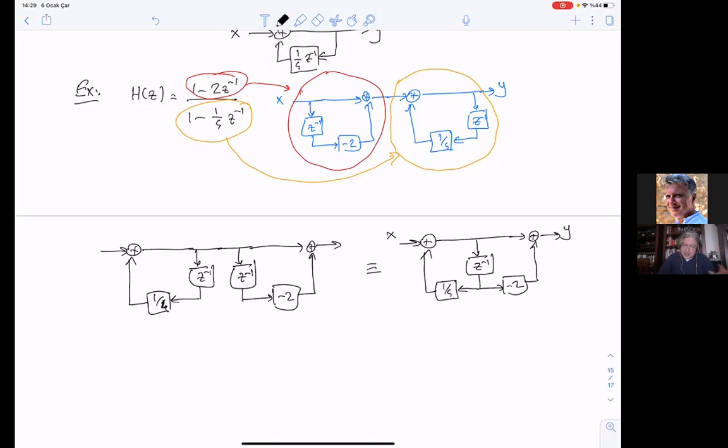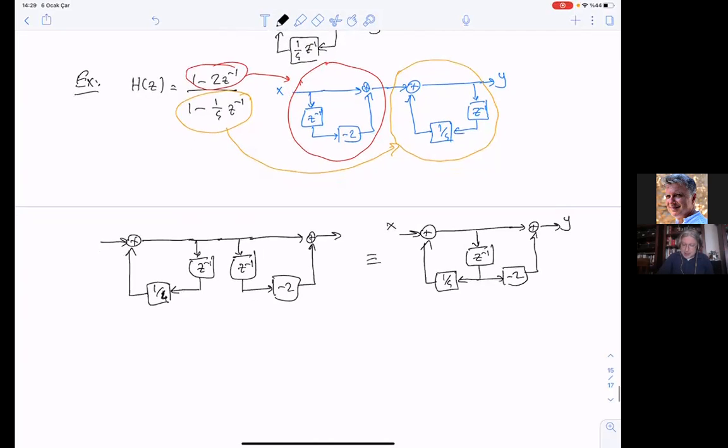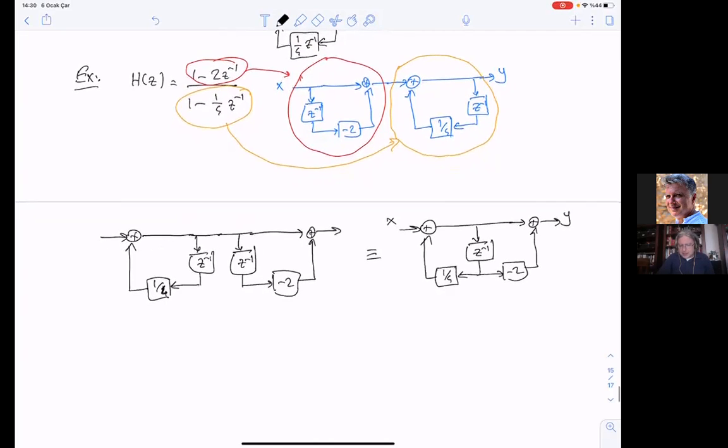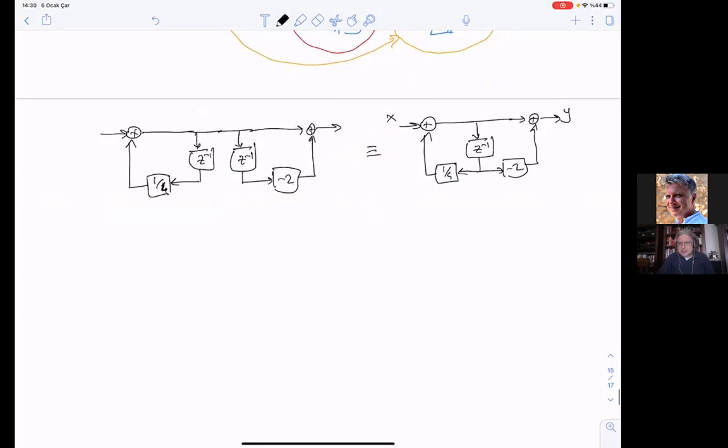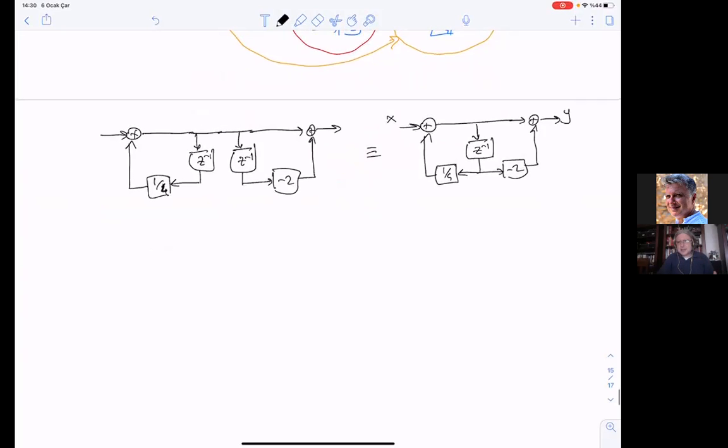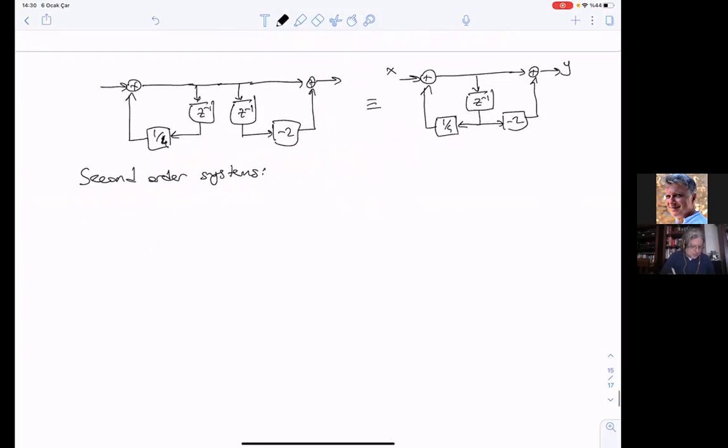So I'm not going into further analysis of this one, but I want to elaborate a little bit on another thing, which is second order systems, mostly using 3 types of realization: the direct realization, the parallel, and the series or cascade realizations. So in second order systems, the situation is exemplified.